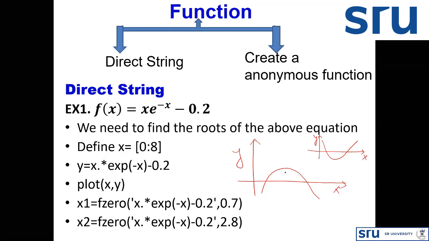Okay, so at the cutting point, if this function y is equal to x e to the power x minus 0.2, at the meeting point one root will be there. Similarly, the other root will be there when y will be 0.